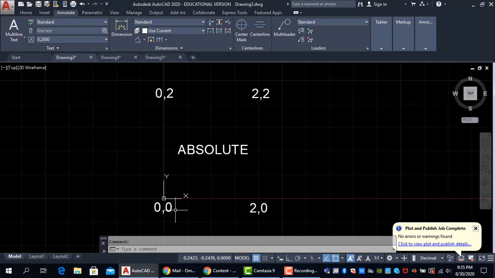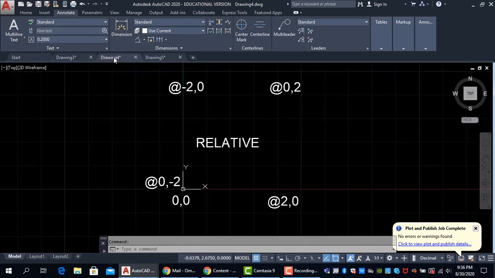For the absolute, every point that we input is going to be based off of the origin. By using the absolute coordinate system as an input, it's going to base itself back to the origin, which is 0, 0.